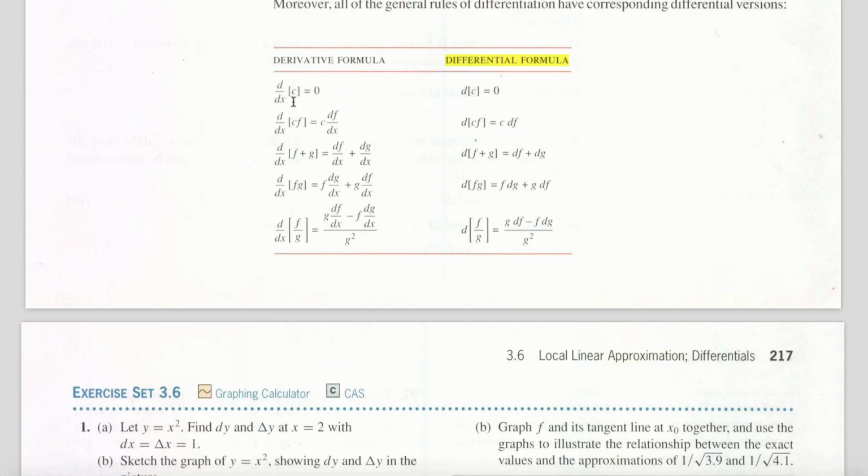So d/dx of a constant equals 0 means that d of c equals 0. Here are the corresponding differential versions. Differential of a constant times a function is equal to the constant times the differential of the function. The differential of f plus g is df plus dg, and so on and so forth.